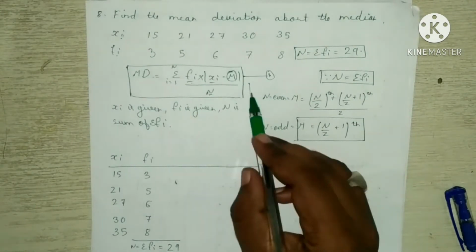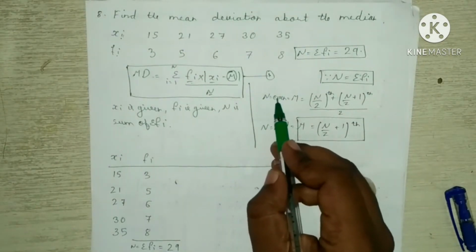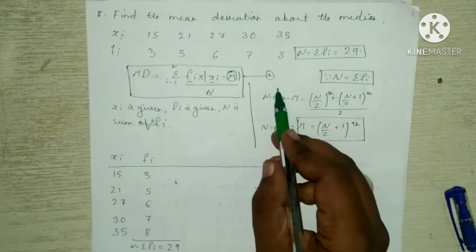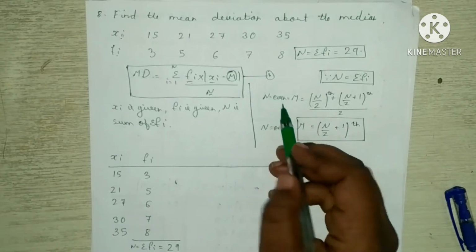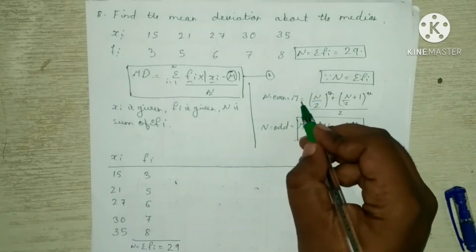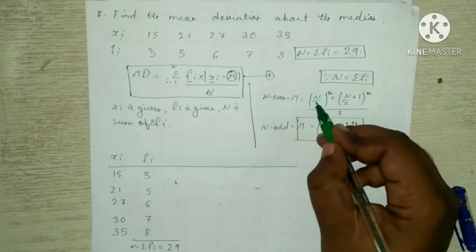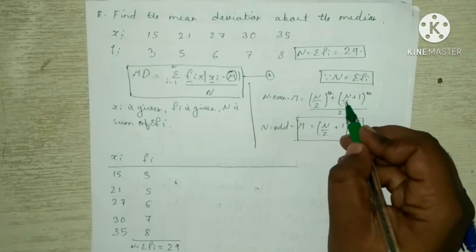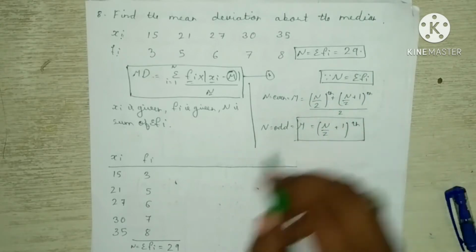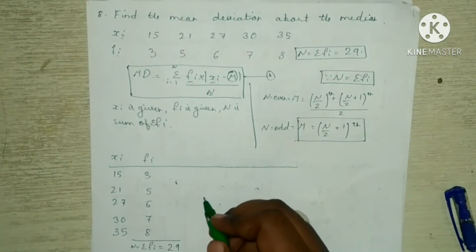When n is even, let it be 4, the median formula is the (n by 2 plus (n by 2 plus 1)) whole divided by 2, that is, the average of the n/2th and (n/2 plus 1)th terms.